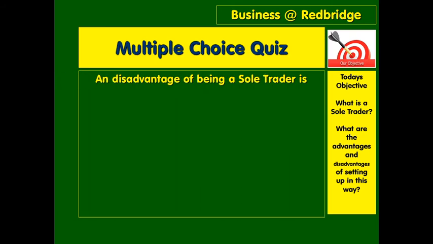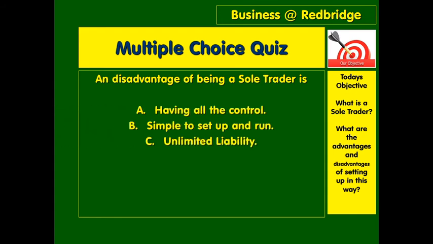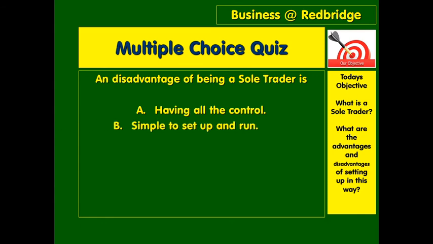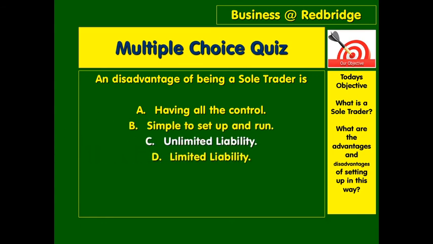Okay, next one. A disadvantage of being a sole trader. So pause the video. Okay, the answer to that one is the disadvantage of being a sole trader is unlimited liability, meaning that if they're in debt, they could potentially lose personal possessions.